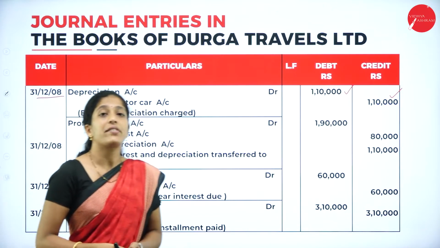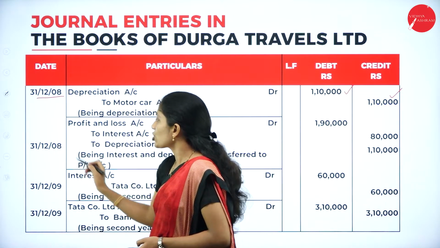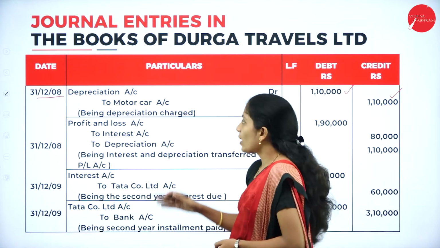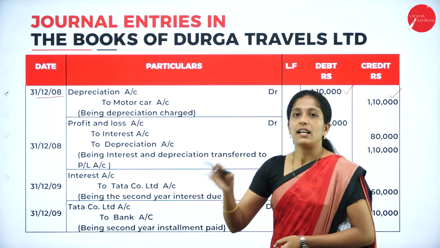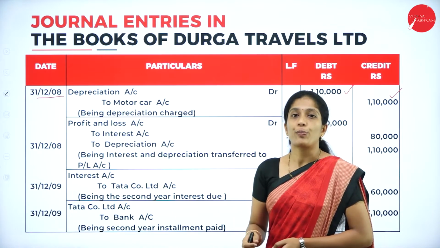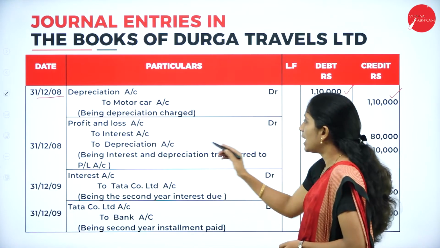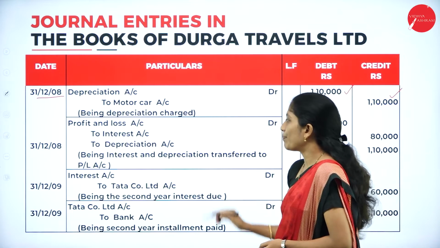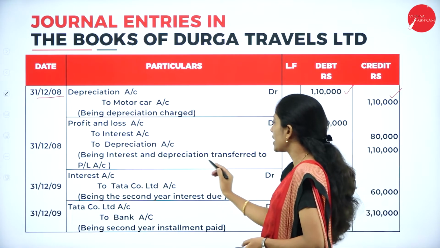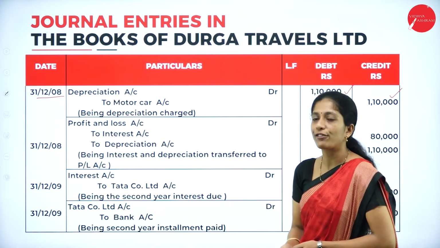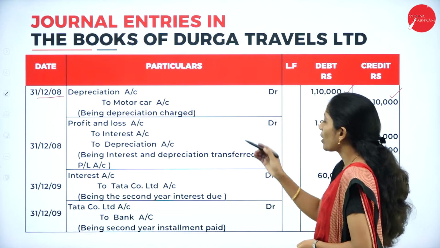What is the last entry in the first year? That is 31/12/2008. You have to transfer this interest and depreciation to profit and loss account. So what is the entry? Profit and loss account debit to interest account, to depreciation account, being interest and depreciation transferred to profit and loss account. Now what is the interest?